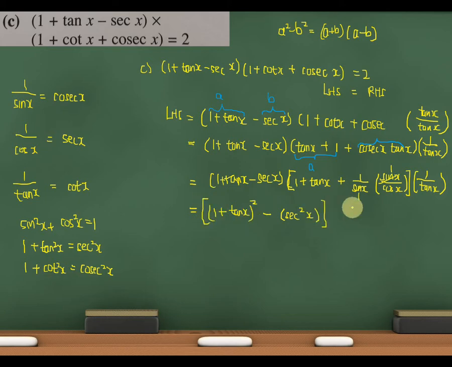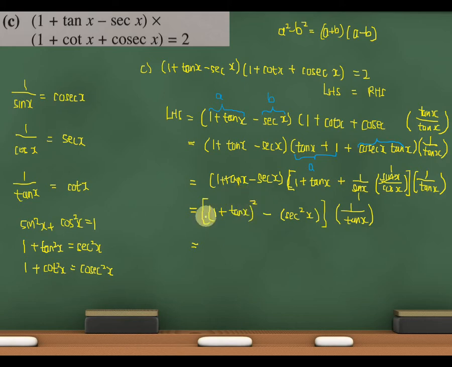So am I 1 over tangent x outside? Now it seems difficult, but here I look at my identity, I have secant square x. I can change to this form, and it will minus away, it will form something nice.